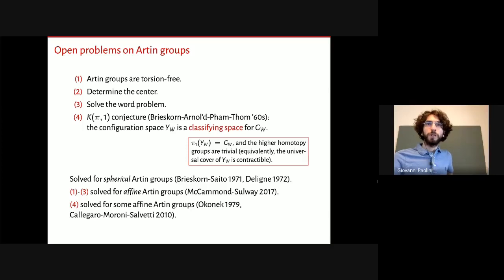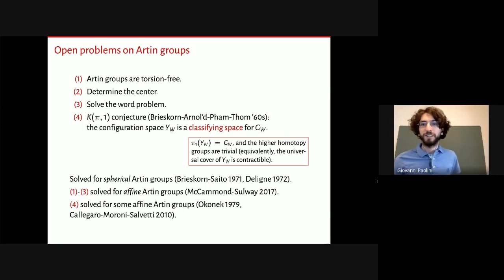The first three problems for affine Artin groups have been solved very, very recently by McCammon and Salway, whereas the fourth problem, the K-pi-1 conjecture, has been solved for some particular families of affine Artin groups by Okonek and a bit more recently by Filippo Callegaro, Davide Moroni, and Mario Salvetti.